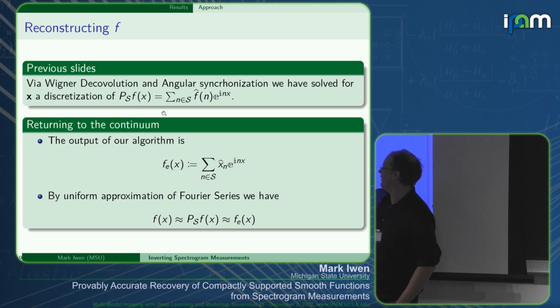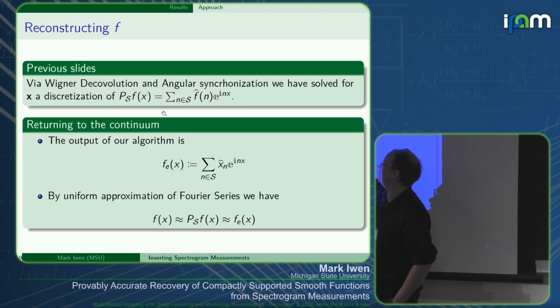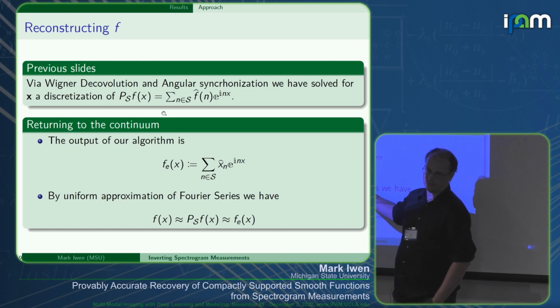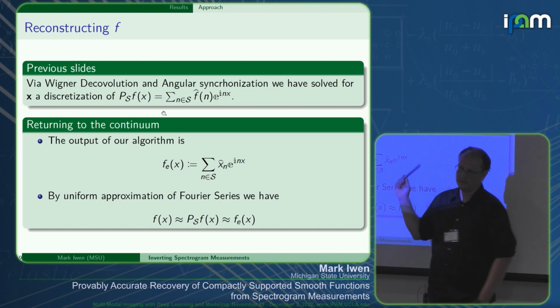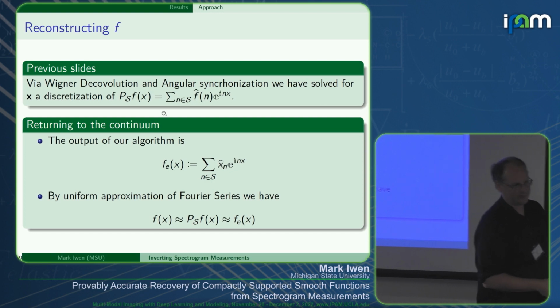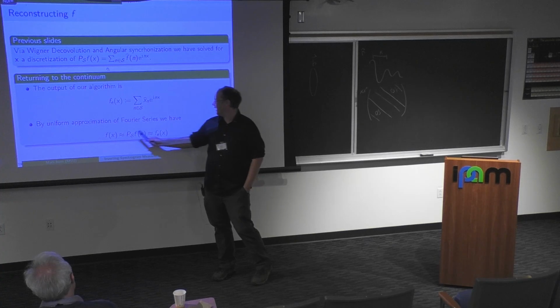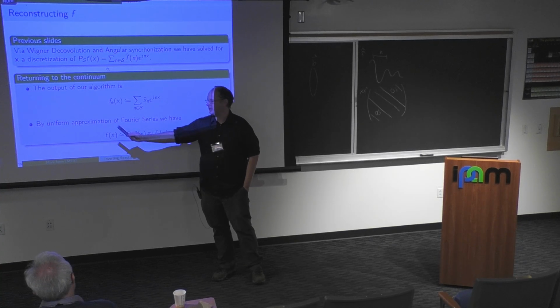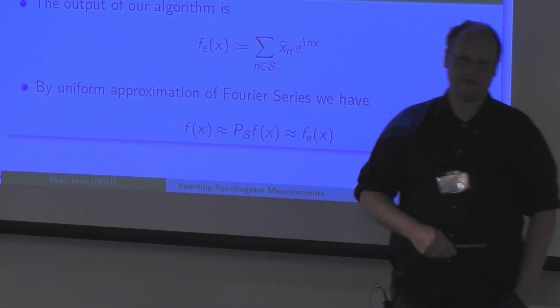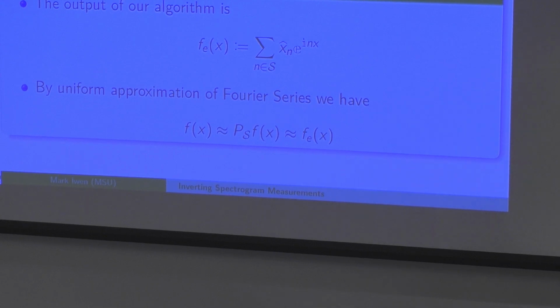If we take its discrete Fourier transform, it should give us good estimates of the Fourier coefficients for the original f. So we form a trigonometric polynomial called FE, for estimate, I guess, and then go through gymnastics to prove that this is close to the original function and sort of bound the error.